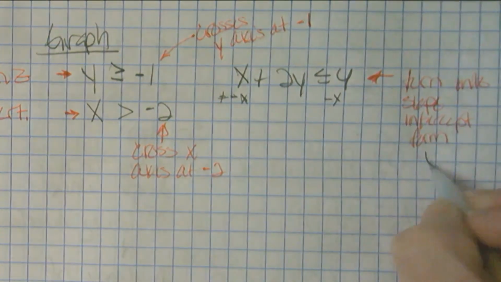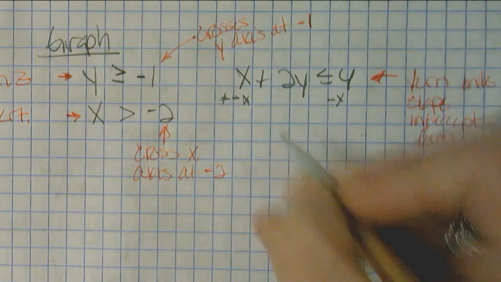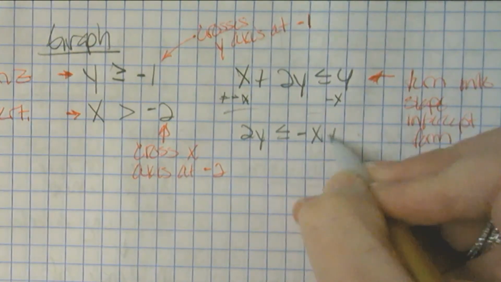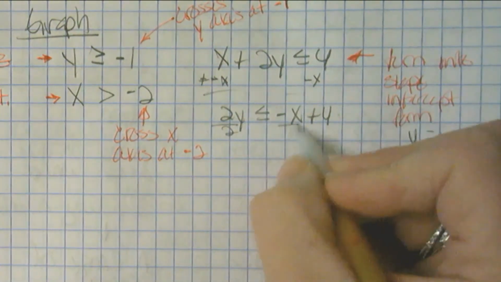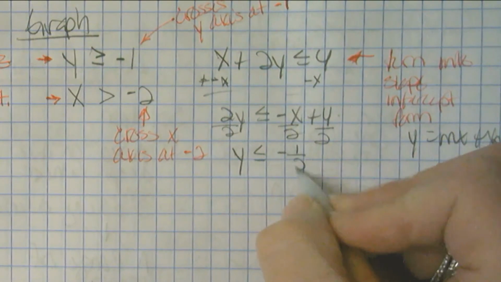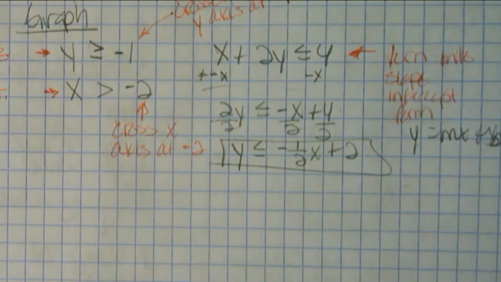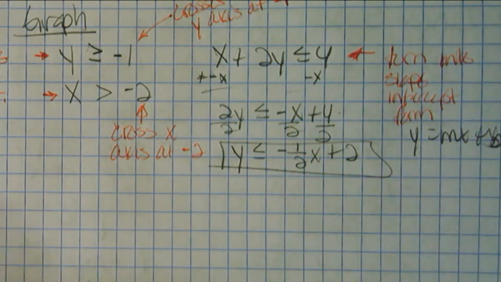Because don't I want to get it into y equals mx plus b? So I want to get the y term alone. So I end up with 2y is less than or equal to negative x plus 4. Now what, Lily? Excellent. Divide everything by 2. So I get y is less than or equal to negative 1/2 x plus 2. Don't forget to figure out what that coefficient is. When I have negative x over 2, that's the same thing as negative 1 times x over 2, which is a negative 1/2 x.